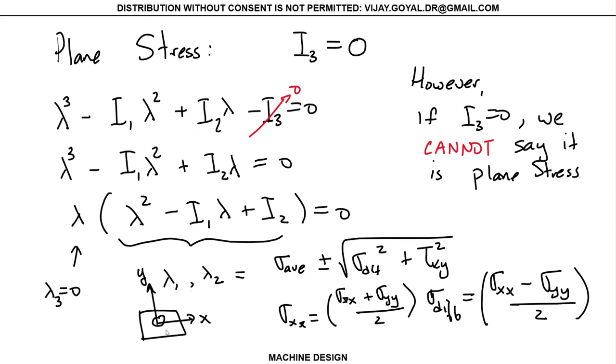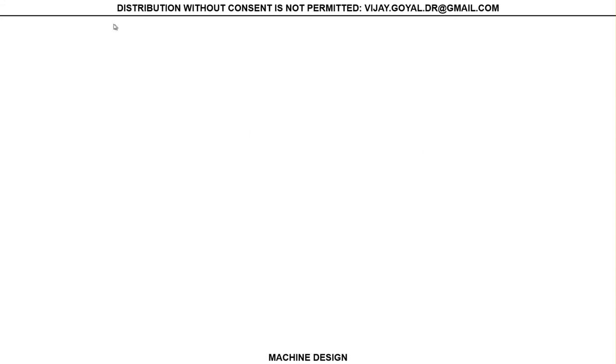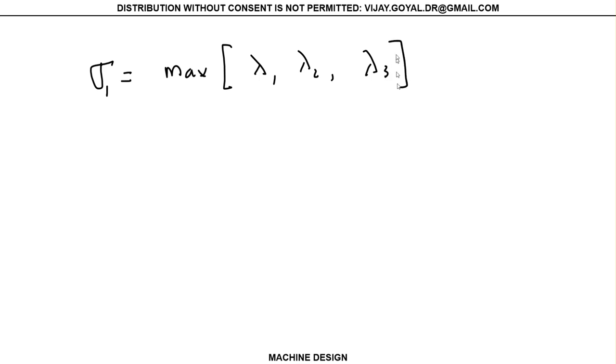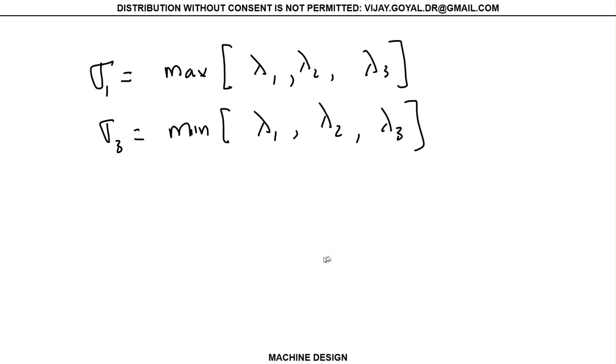Okay, if that was the case, in that particular case, you still have to do the same as usual. Sigma 1 would be the maximum of lambda 1, lambda 2, lambda 3. Sigma 3 would be the smallest of those as well, lambda 1, lambda 2, lambda 3.